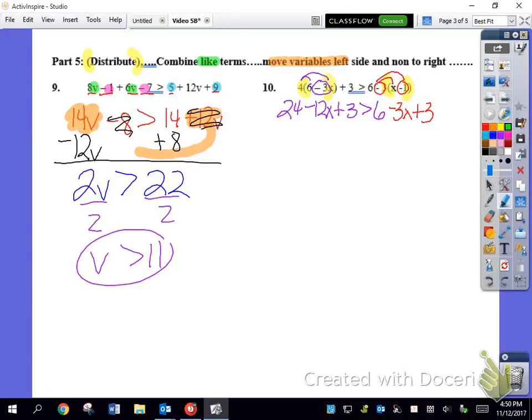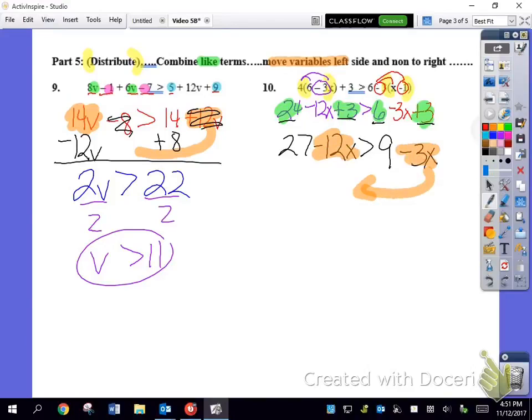On like terms, 24 and 3 are the same, 6 and 3 are the same on the right. So 24 plus 3 is 27 minus 12x is greater than 6 plus 3 is 9 minus 3x. Now you want your variables on the left, so this negative 3x needs to move over. Negative 3x becomes positive 3x, and positive 27 becomes negative 27.